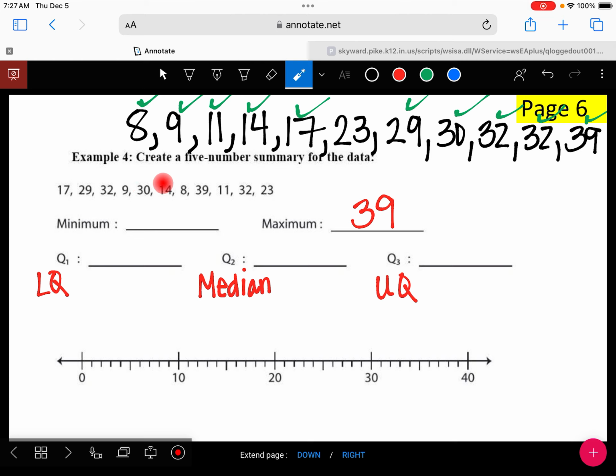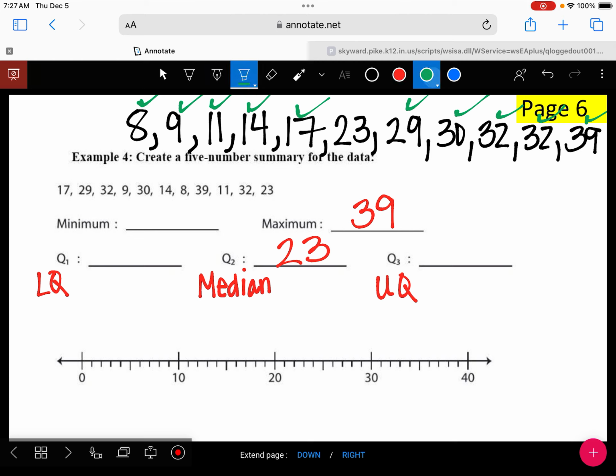So we have 1, 2, 3, 4, 5, 6, 7, 8, 9, 10, 11. Okay, so who got 23 for the median? So 23, again, that median is the same thing as Q2. So we'll put our 23.